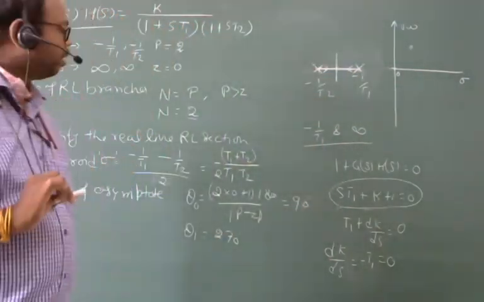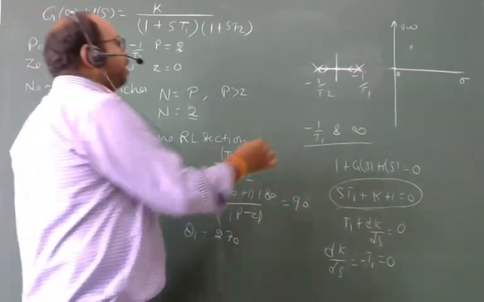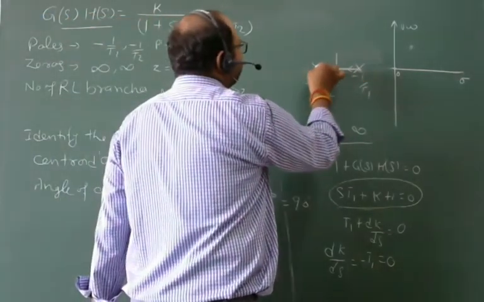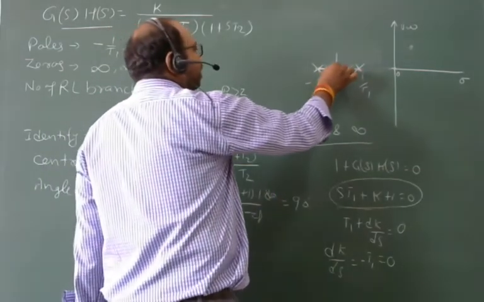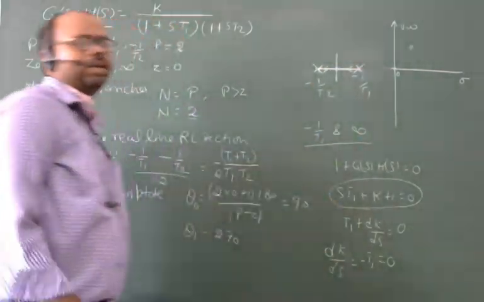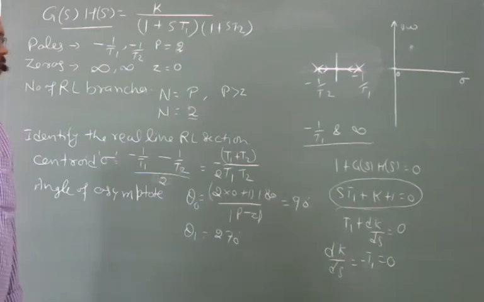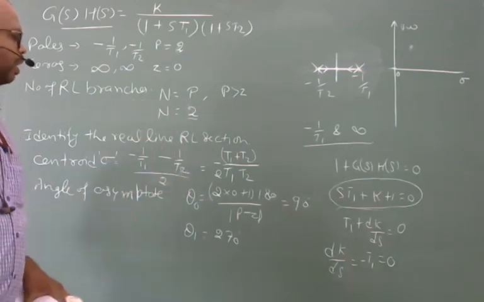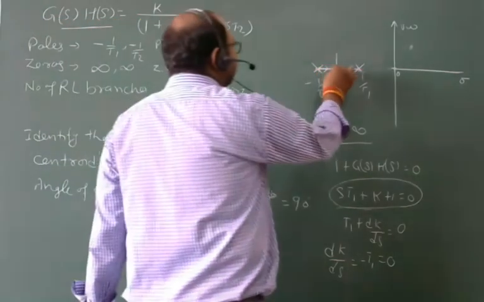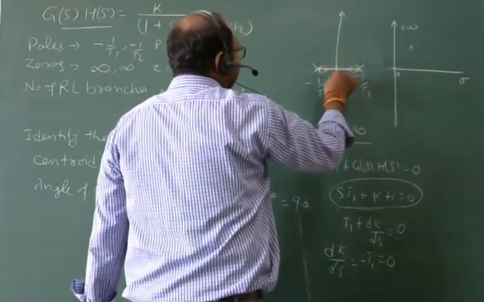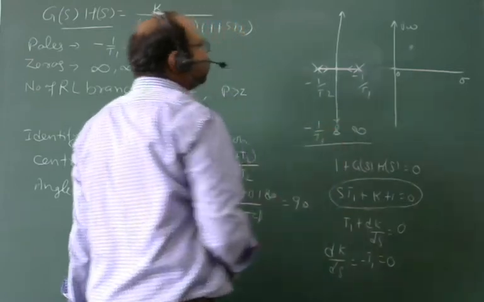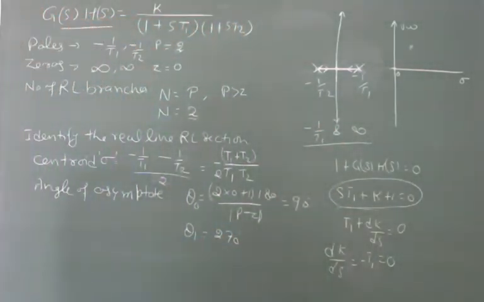So this centroid will be in between these two poles, right? Assuming here we have centroid, and at this centroid one angle of asymptote is 90 degree, another angle of asymptote is 270 degree, right?